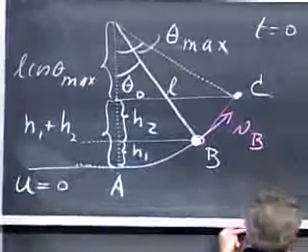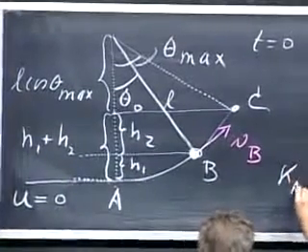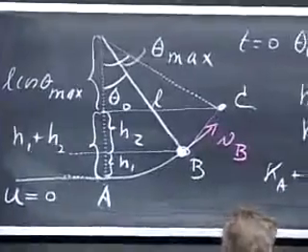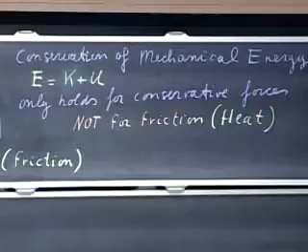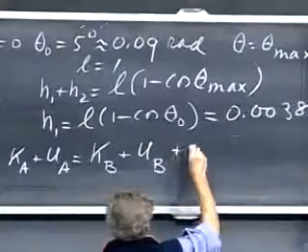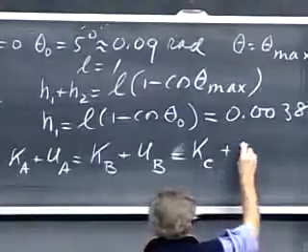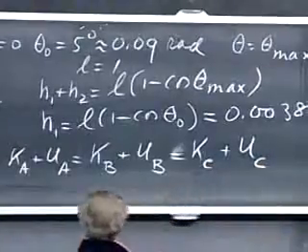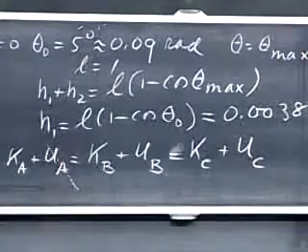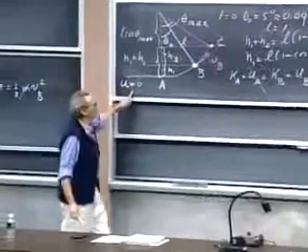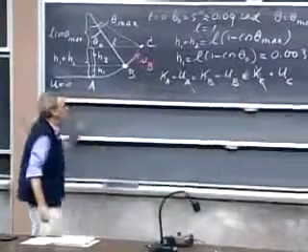And going to apply the conservation of mechanical energy, which means that the kinetic energy at A plus the potential energy at A must be the kinetic energy at B plus the potential energy at B equals the kinetic energy at C plus the potential energy at C. Now the potential energy at A is 0, because we define it that way. The kinetic energy at C is 0 because it comes to a halt.